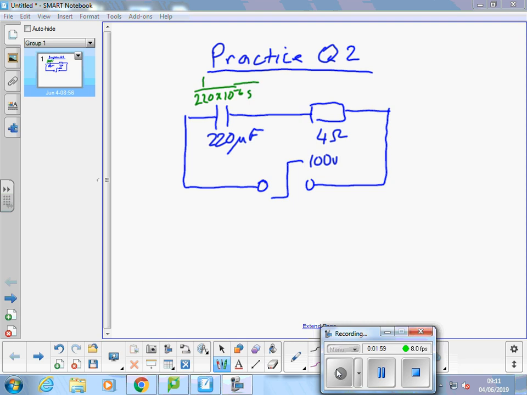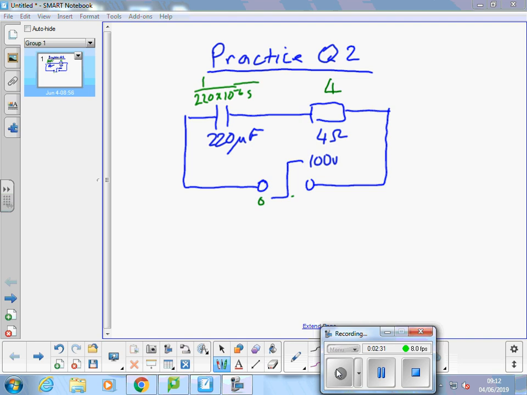And the resistance is just 4. Yeah, no units, no S, no nothing. So if you're asked to do that, that's what I was asking you to do: write the components with their S-domain values on a diagram. And this is the correct symbol for a step input up from 0 to 100 volts.